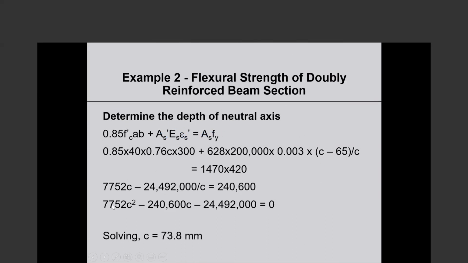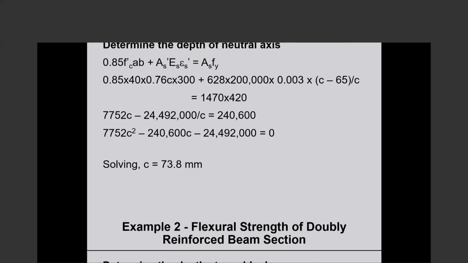That gives us a quadratic equation involving the neutral axis depth. When you solve the quadratic equation, there are two solutions. One of the solutions will not make any sense. The sensible solution is the neutral axis depth. It came out in our case to 73.8 millimeters.